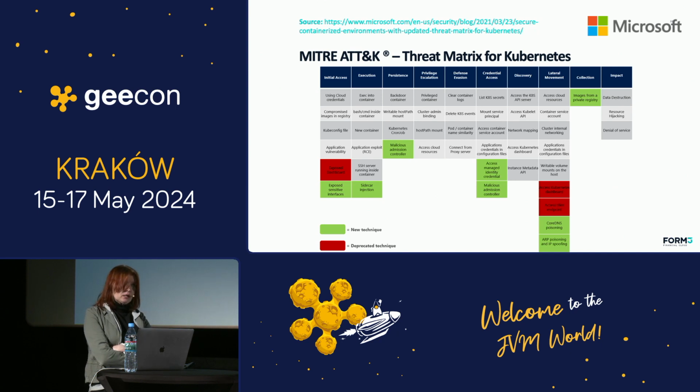However, I would say it's not exhaustive. There are a couple of things missing here, which I would myself improve. Anyway, that's a good start if you are interested in Kubernetes security and learning more details. That's definitely a very good source of information.